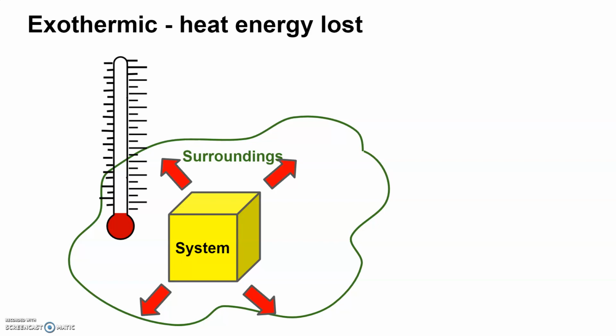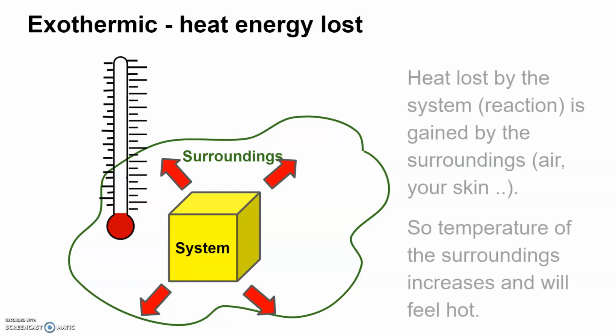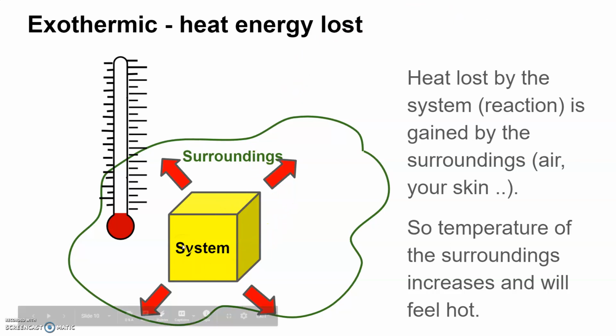So when we're focusing on an exothermic reaction, the thing to notice is that there's two parts of any process. There's the system and then there's surroundings. The reaction takes place in the system. Now, in an exothermic reaction, that reaction is going to release heat into the surroundings. And the surroundings is anything that's in contact with the system.